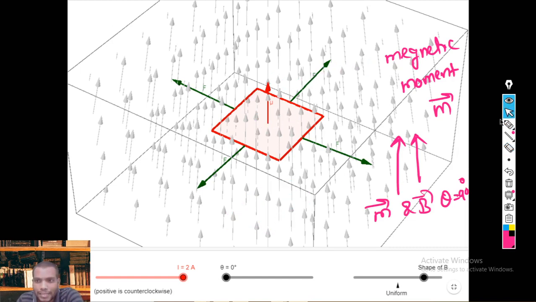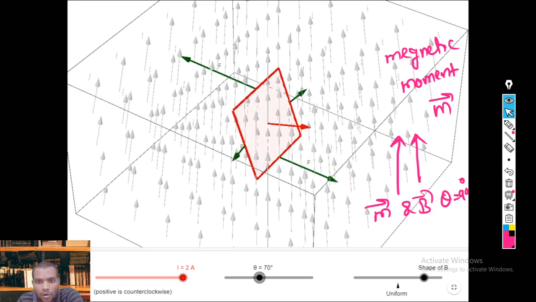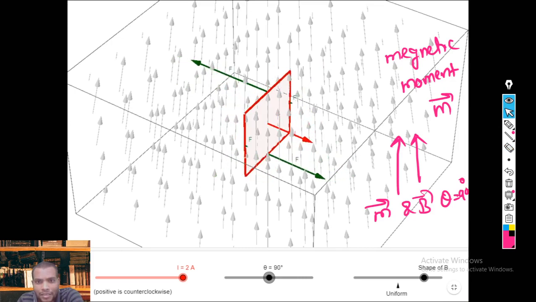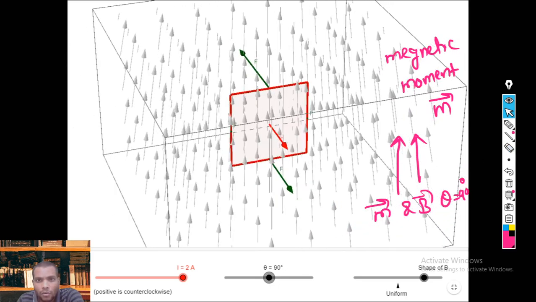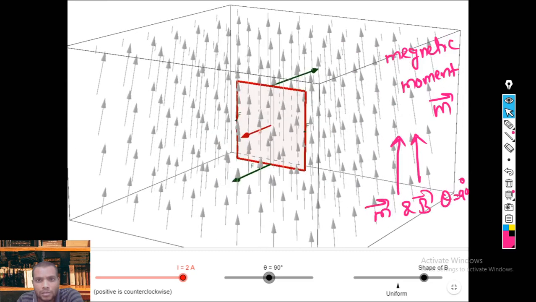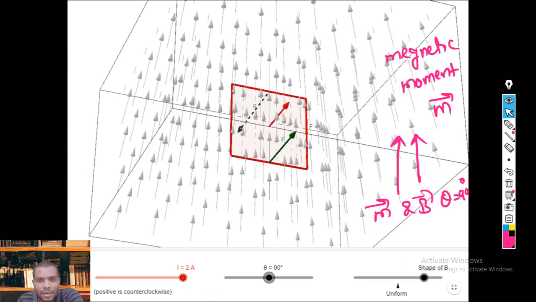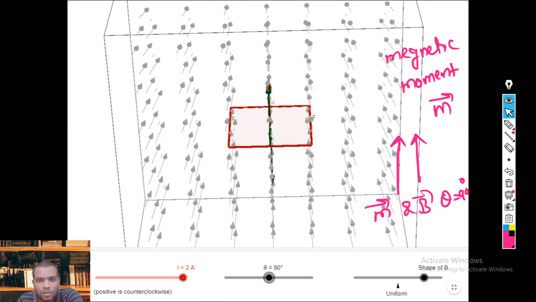Suppose I rotate from 0 to 90 degrees. Now you can see how the coil is rotating in the magnetic field to an angle of 90 degrees. The other two components of the coil contribute zero net force.